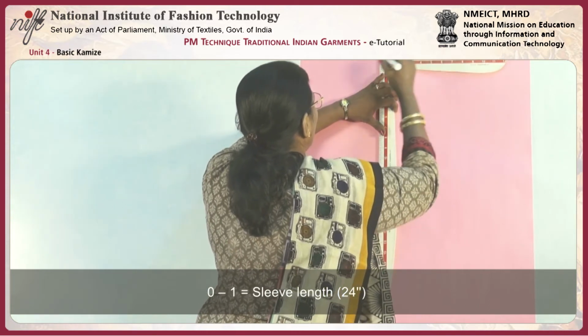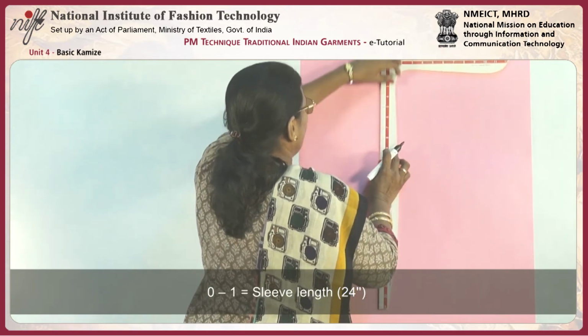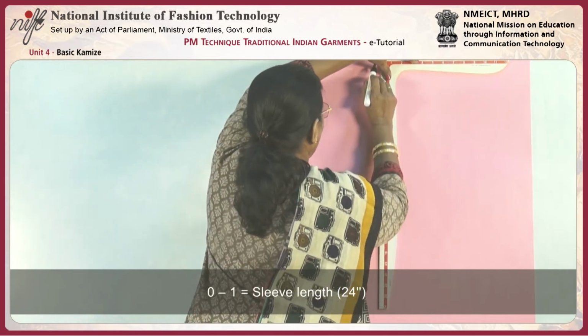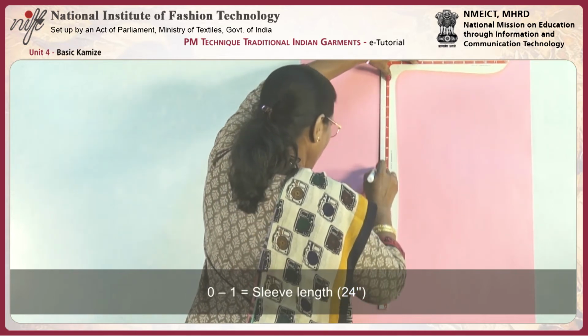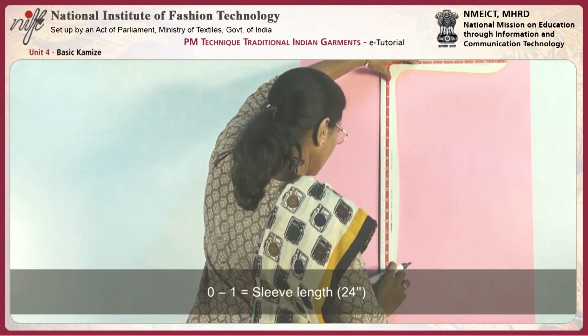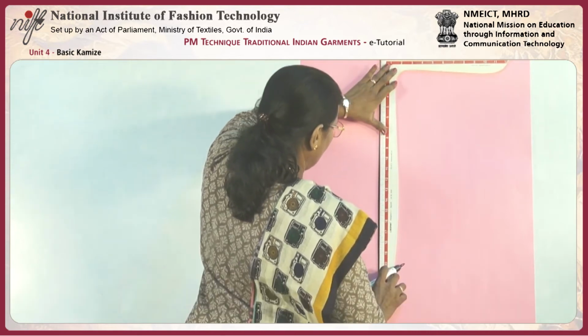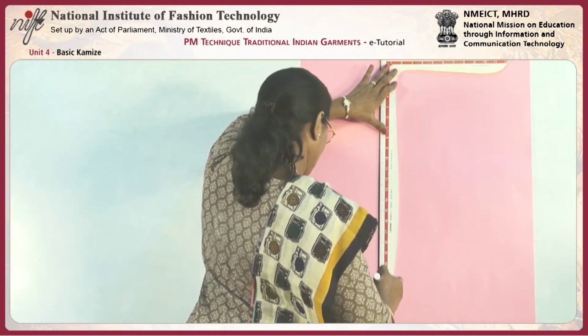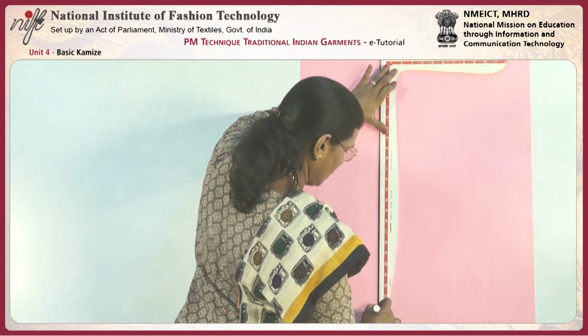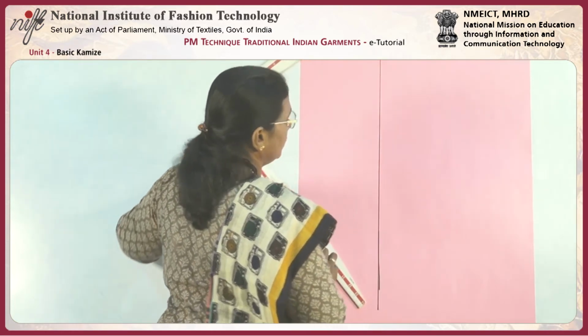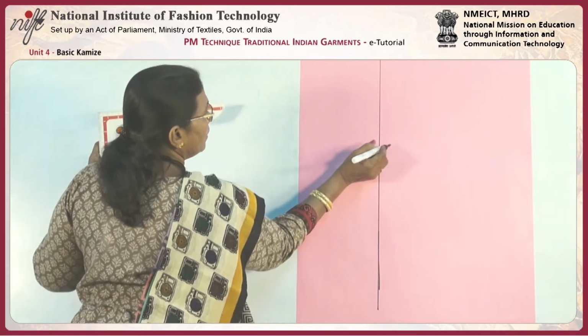Draw a perpendicular line and mark 24 inches. This is the center of the sleeve.